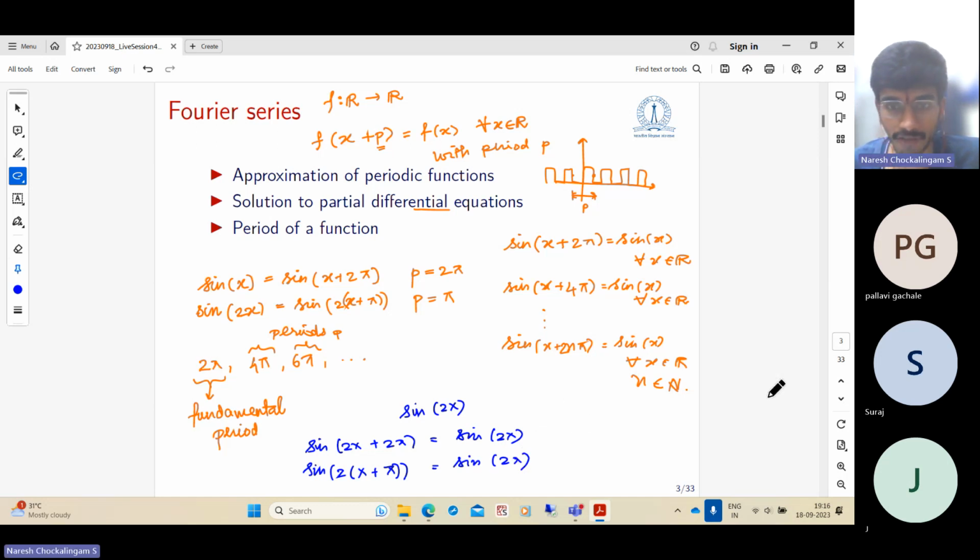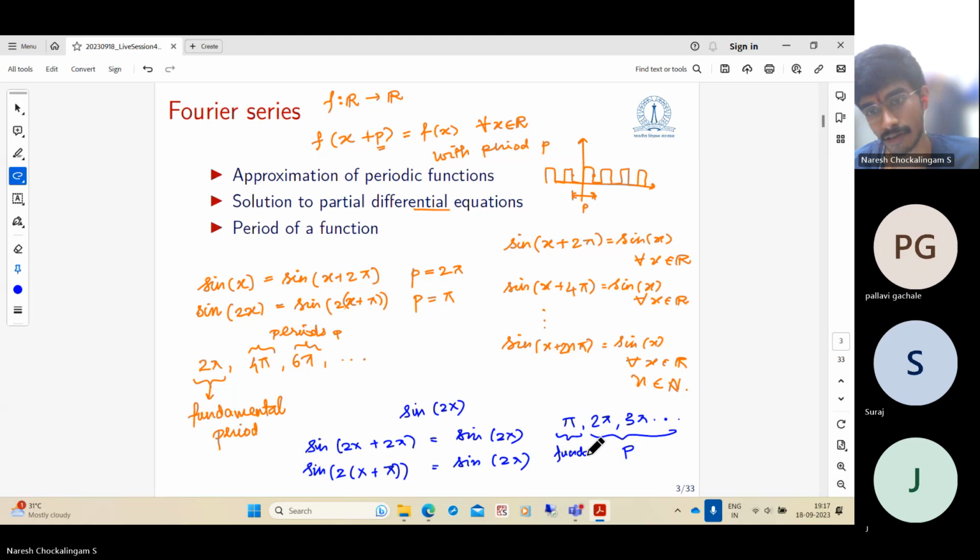So what are all the periods of sine 2x? You can have pi as a period. Suppose I make it 2 pi, you get sine 2x plus 4 pi, which is again sine 2x. 2 pi is a period, 3 pi is a period, and so on. So these are all valid periods. This is the fundamental period.